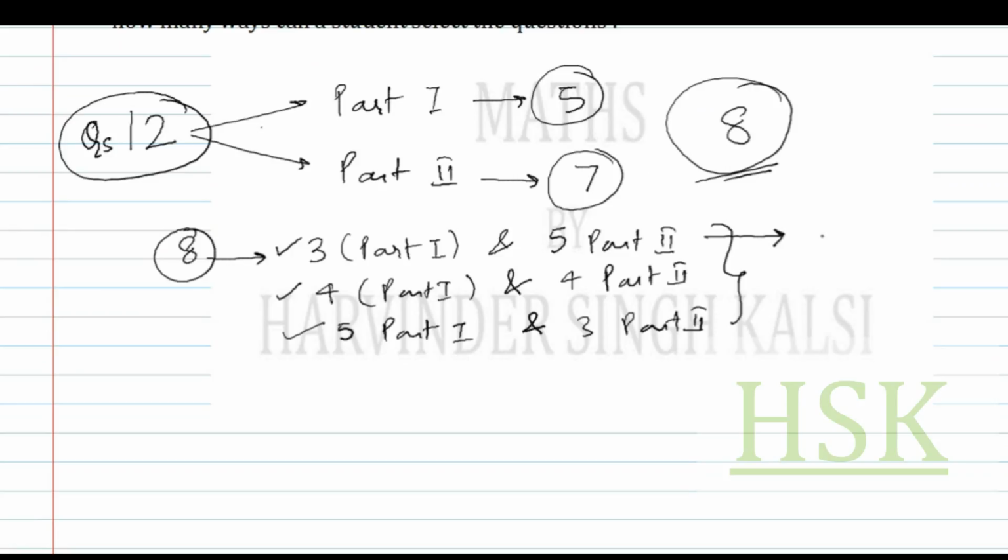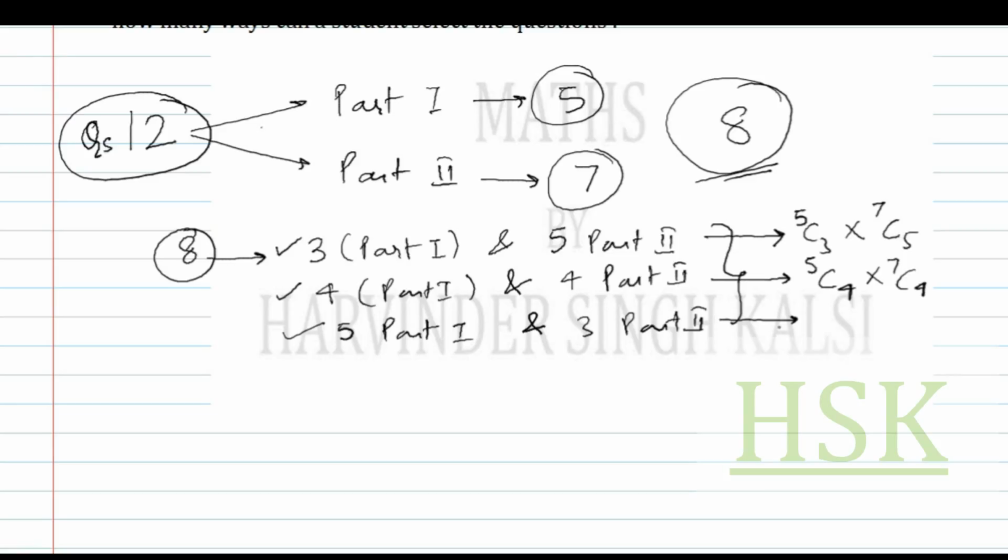So the total number of ways of the first selection would be 5C3 into 7C5. The total number of ways of the second selection would be 5C4 into 7C4.